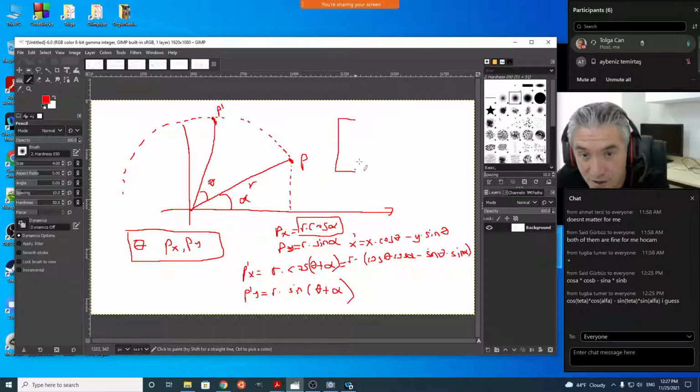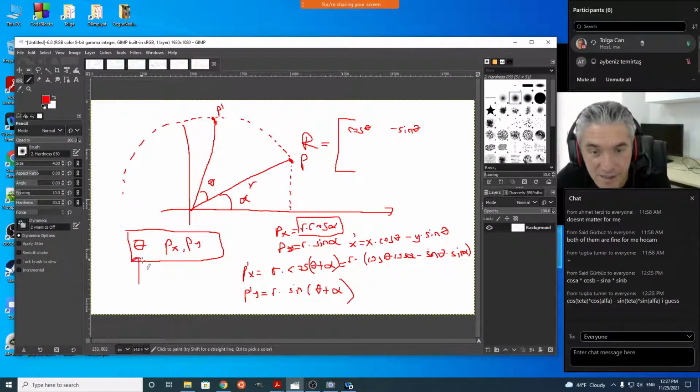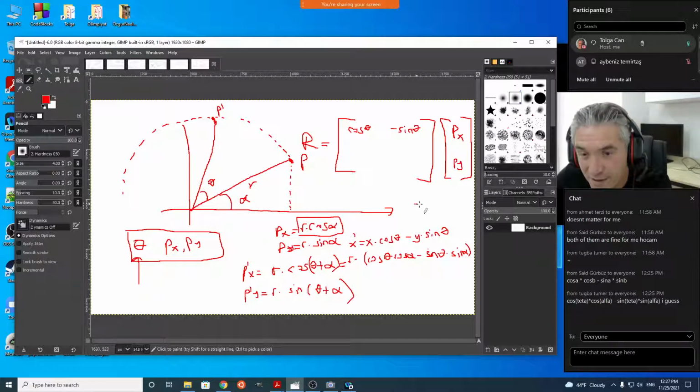In other words, when we are forming this rotation matrix, if I put this as a recipe, cos theta, minus sin theta. As you can see, the rotation matrix only contains the parameter theta. If I multiply this with Px, Py like this, the new x-coordinate, P prime x, would be nicely found by cos theta times Px minus sin theta times Py.